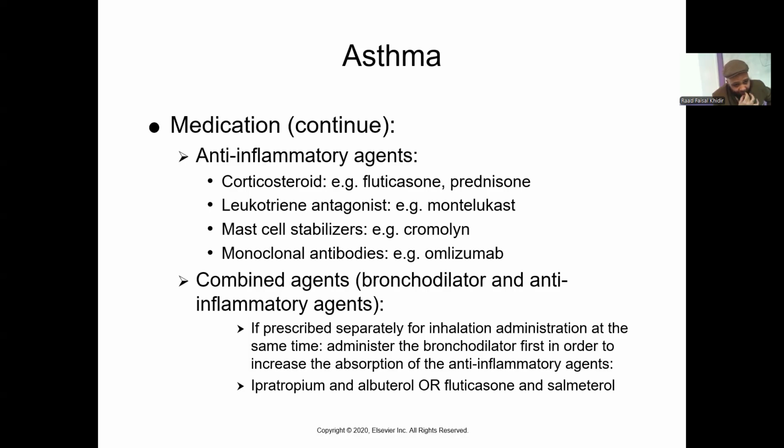If prescribed separately for inhalation administration at the same time, administer the bronchodilator first in order to increase the absorption of the anti-inflammatory agents. Ipratropium and albuterol, or the fluticasone and the salmeterol.